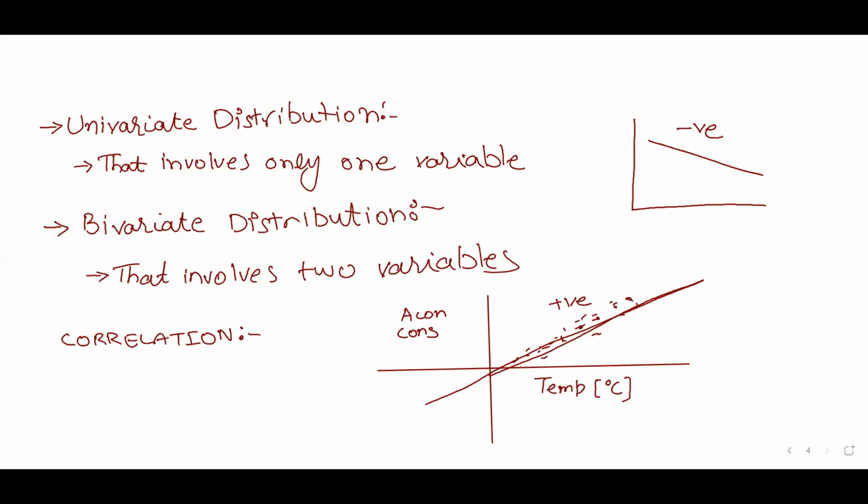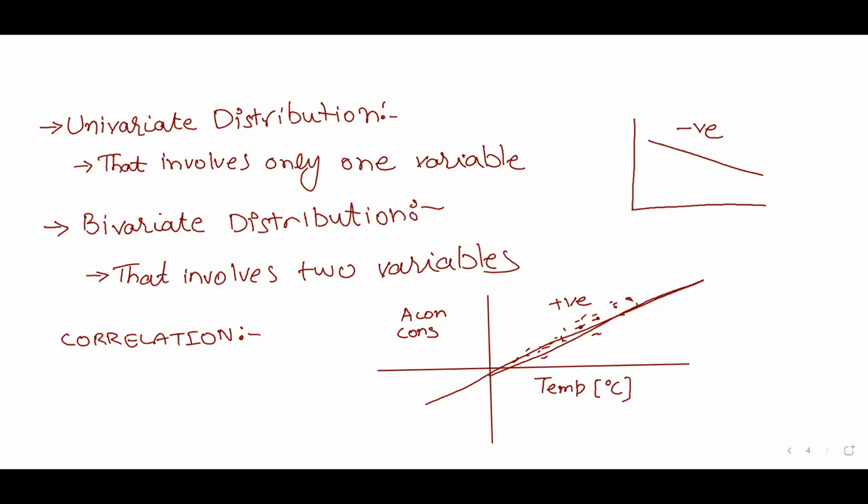So if an increase or decrease results in a corresponding increase or decrease in the other, we can say that there is a direct relation, directly proportional, or it is positively correlated. And negative means it is inversely related.